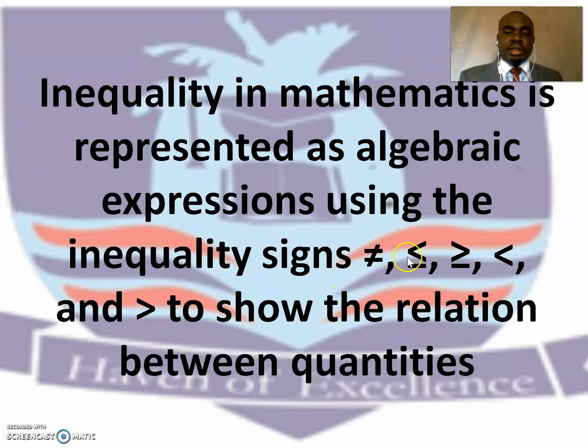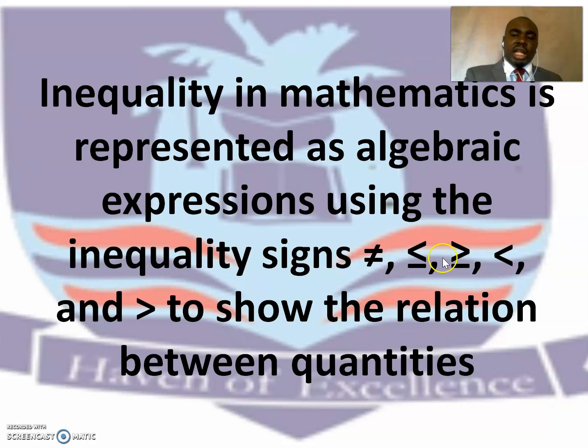The difference between this sign and this sign means that in this, it could be equal, but in this, it can definitely not be equal. For example, if you want to count the number of students in a particular class at every point in time, we know that at a particular point in time, the number of students in the class can be 0 when no students are in the school.